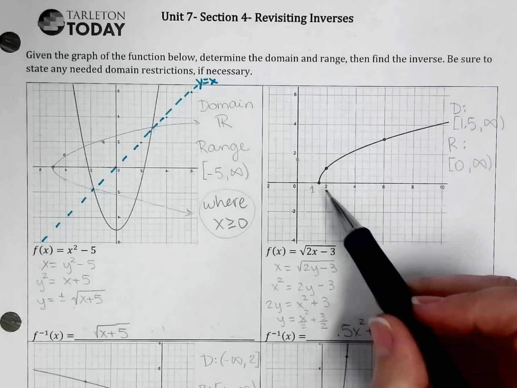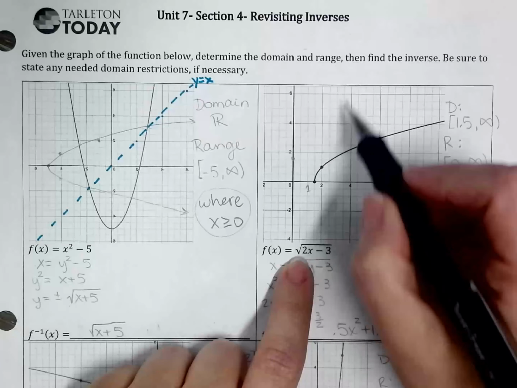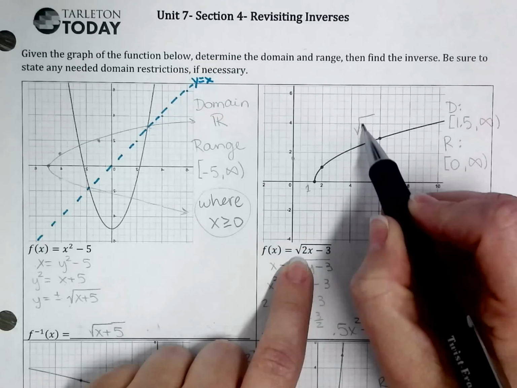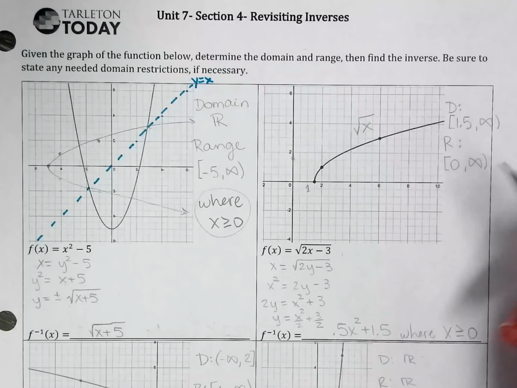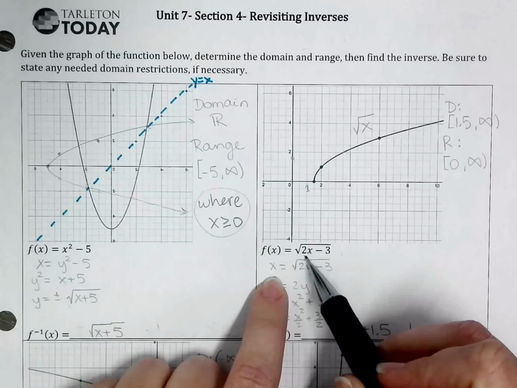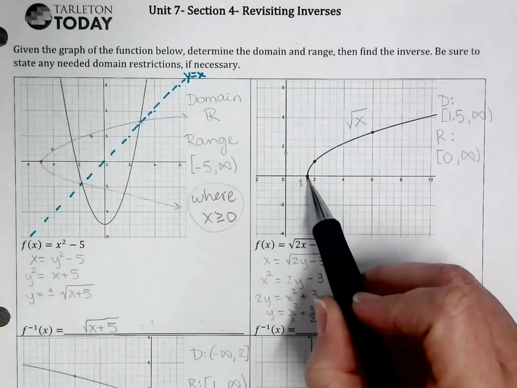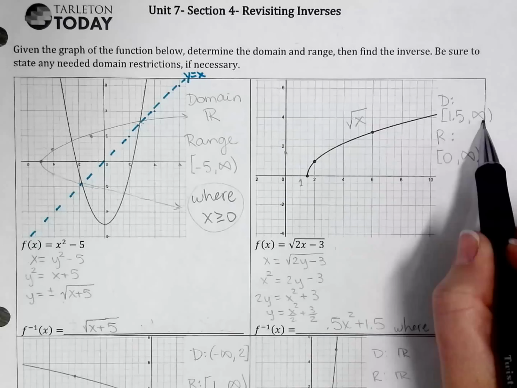So off we go. Now this one is the function of a square root. So the parent function would have been just square root of x, which is nice. But then we have this function right here. We need to find its inverse. The domain starts right there at 1.5 and goes up to positive infinity.